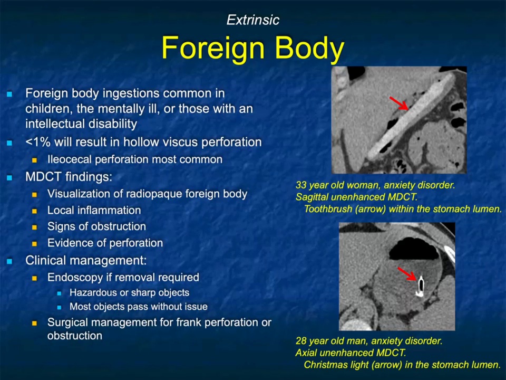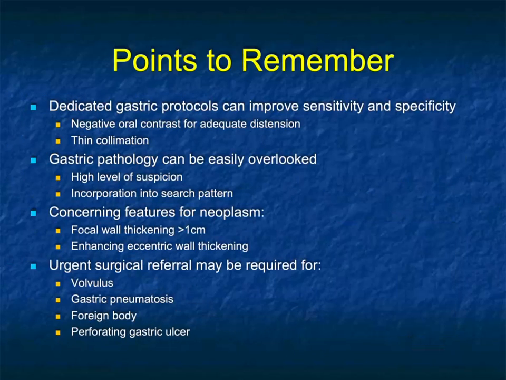Sometimes clinically, you think the patient may have swallowed a foreign body, but you're not sure. CT is very good at that. We look for signs of inflammation. We look for signs of perforation. And again, endoscopy can be done, but if you have a lot of foreign bodies or it's something which is very sharp and can't be removed, then surgery will indeed be necessary.